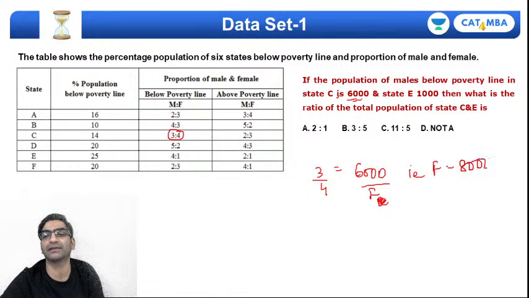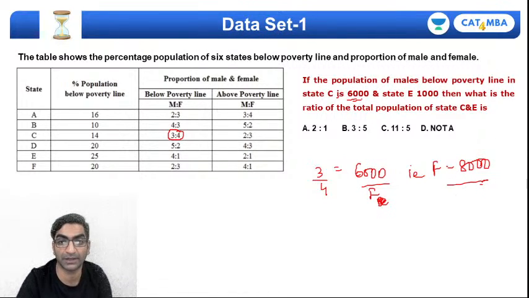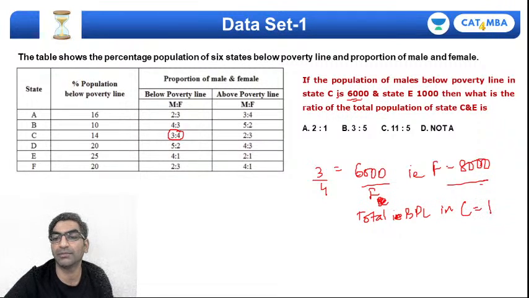That gives me 8,000 as the number of females below the poverty line, which means total BPL in state C would then be 14,000.